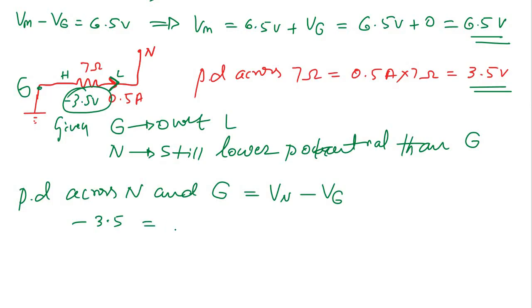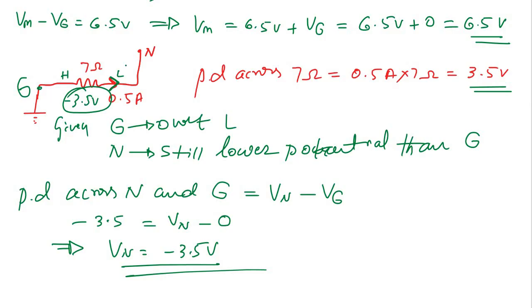So this equals Vn, which is what I have to find, minus Vg, which is 0. So forget about this 0. This implies Vn equals minus 3.5 volt. So the potential at N is also found: minus 3.5 volt. Why are we getting negative? Because N is at a lower potential than the potential at G. That is why we are getting a negative potential.